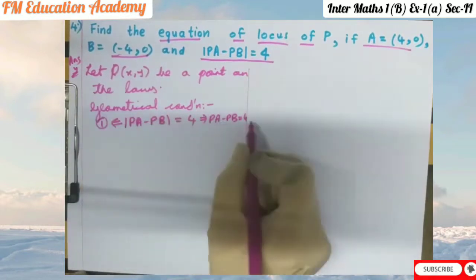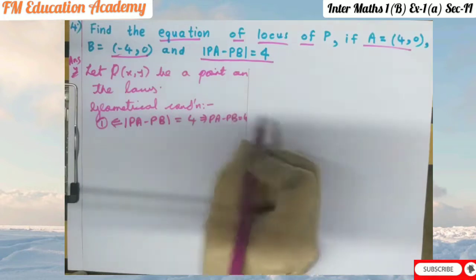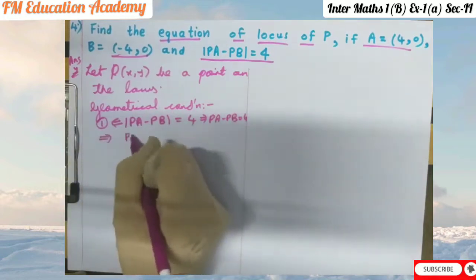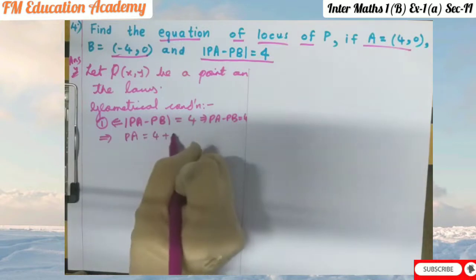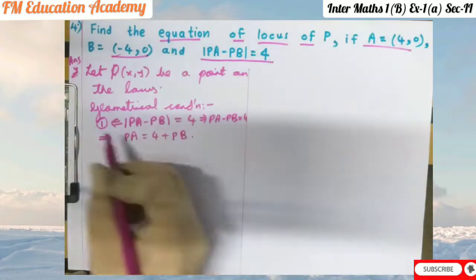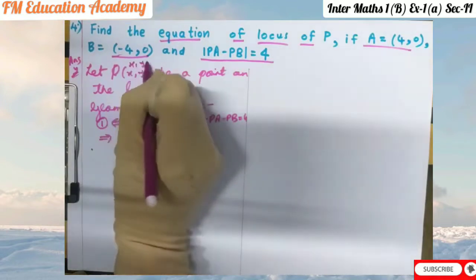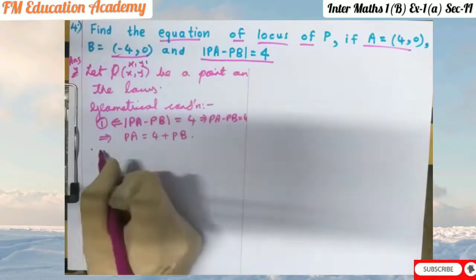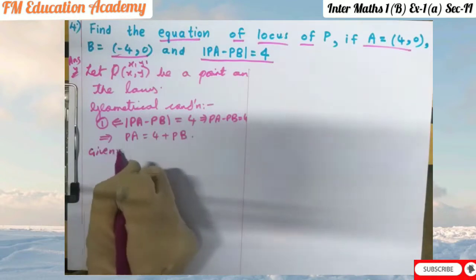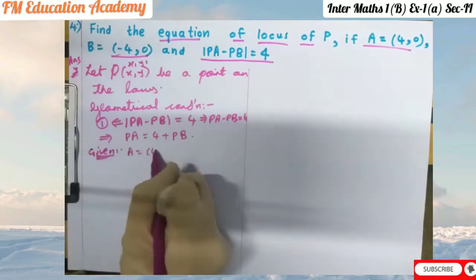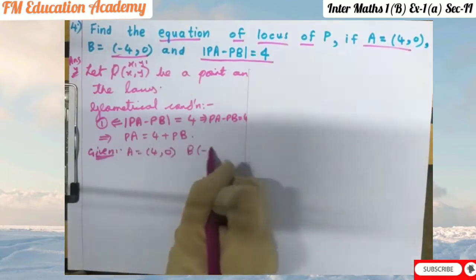Now we'll take minus PB to the RHS as we did in the previous sum. So PA is equal to 4 plus PB. P we took as (x, y), so let us suppose this is x1, y1. A is given as (4, 0) and B is given as (minus 4, 0).